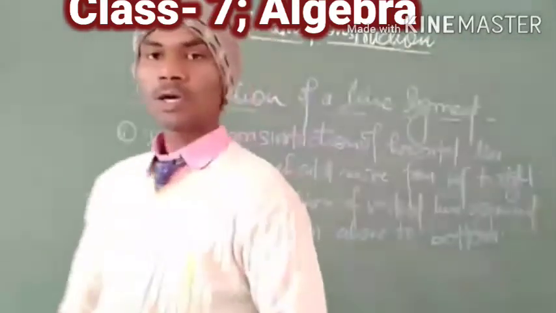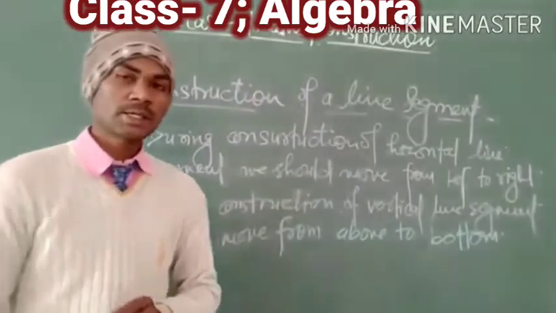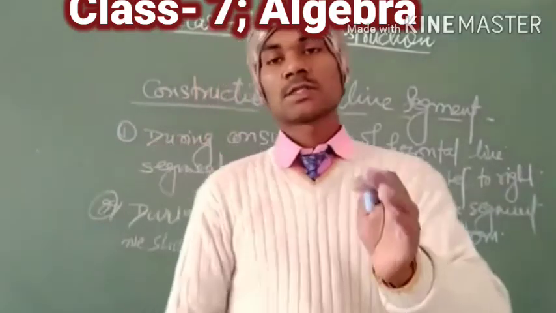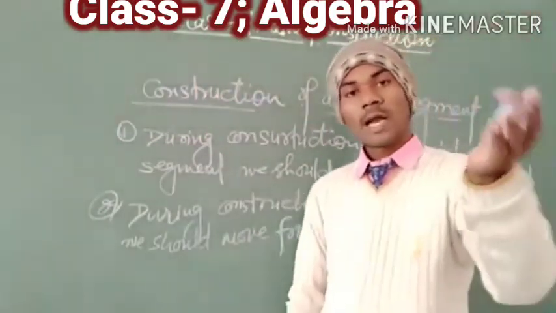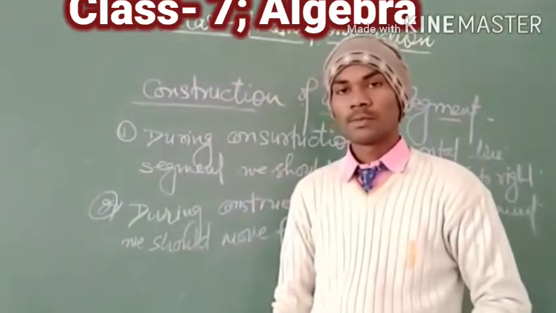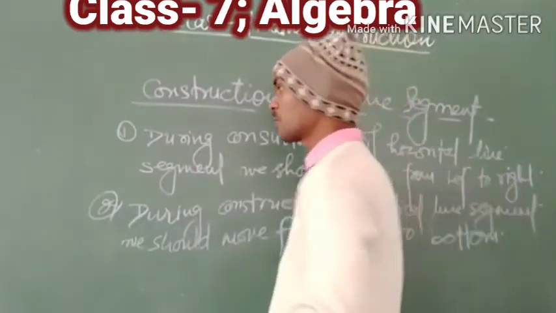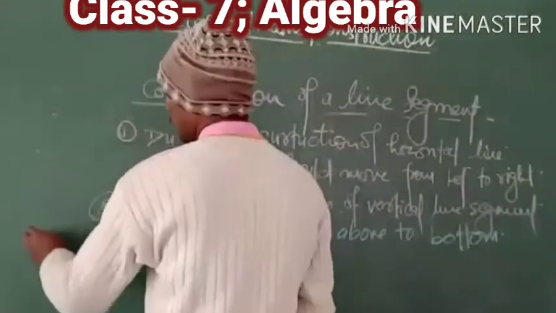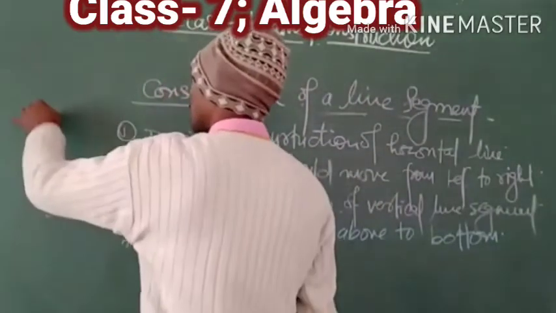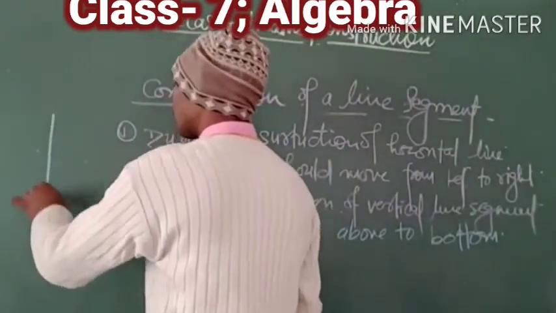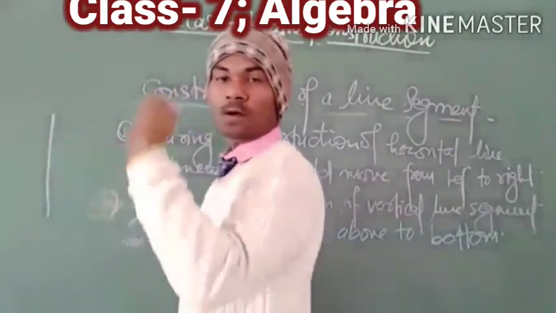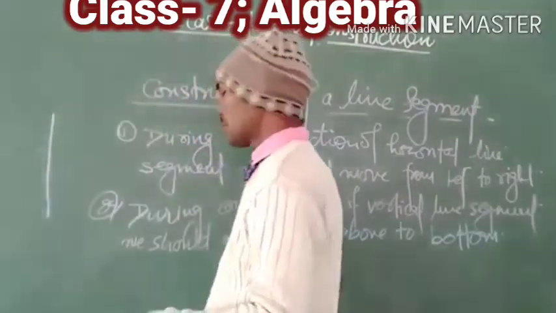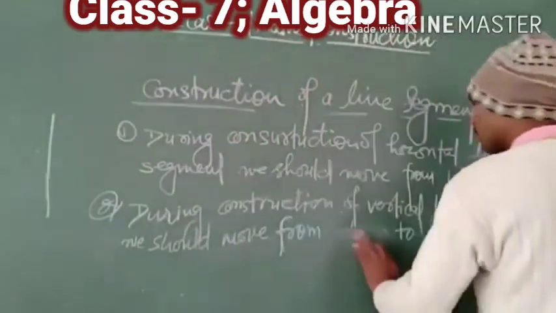If we have to draw a vertical line, then it is necessary that we must start from above and go to the bottom. Suppose that we have to draw a vertical line segment, then we must start it from top to bottom, not from bottom to top.